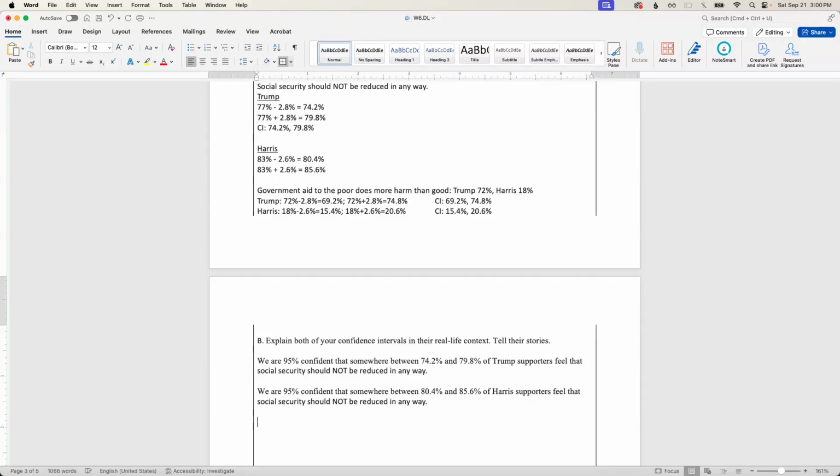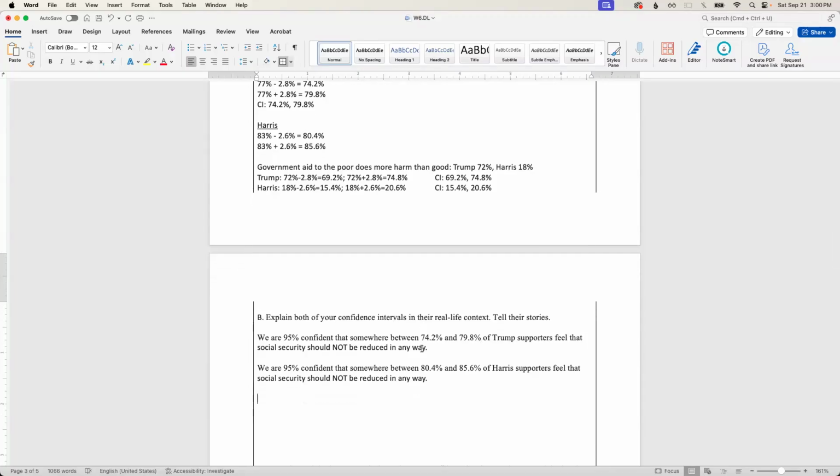All right, let's look at the other poll question here. So for that, it's again 95% confident. That's the margin of error we used.